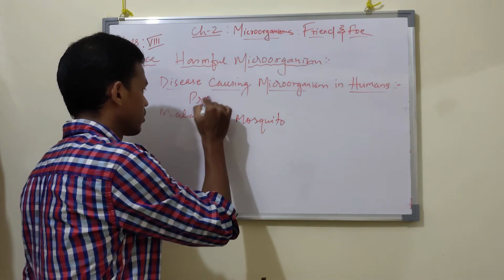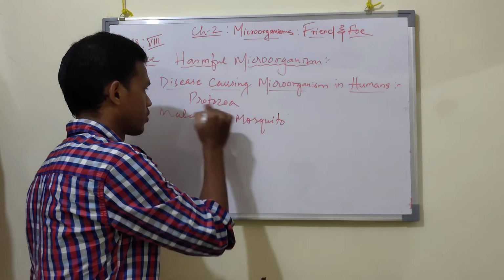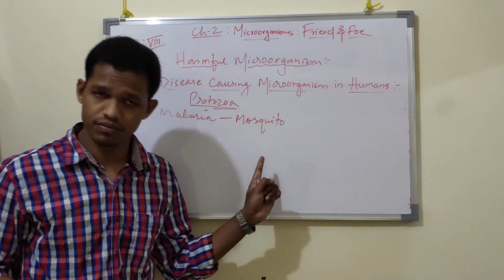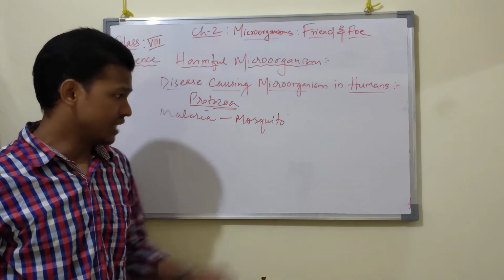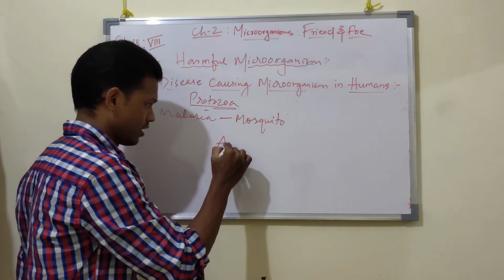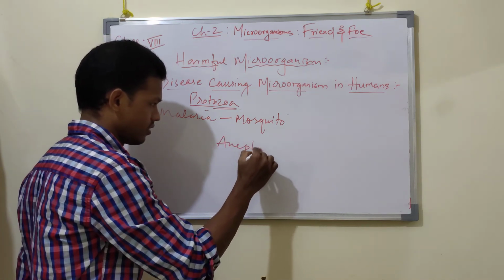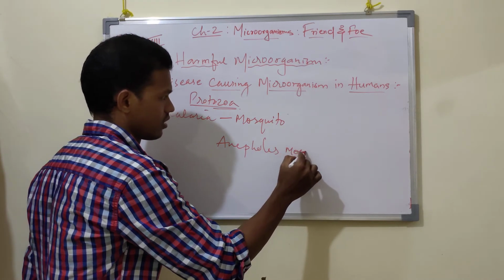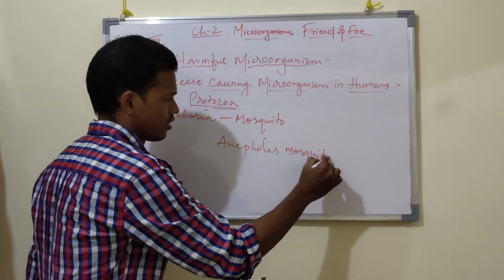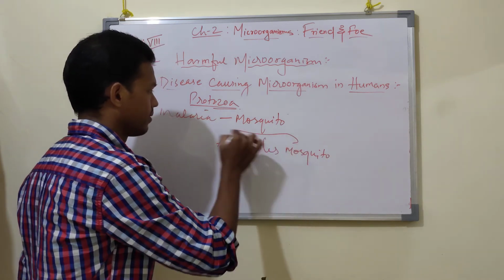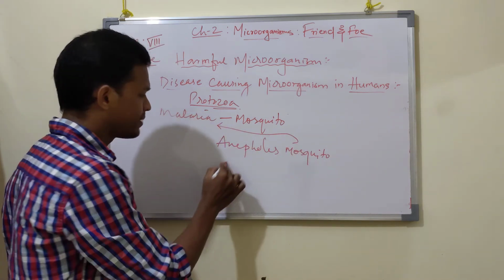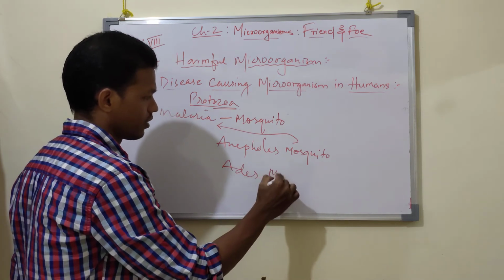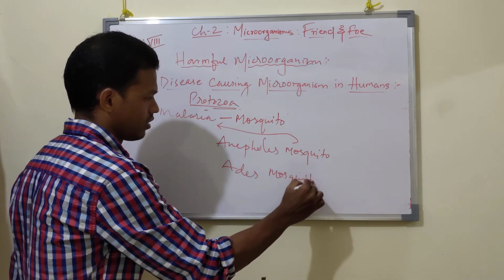Protozoa are microorganisms carried by the mosquito, the Anopheles mosquito. The Anopheles mosquito causes malaria. What does the Aedes mosquito cause?